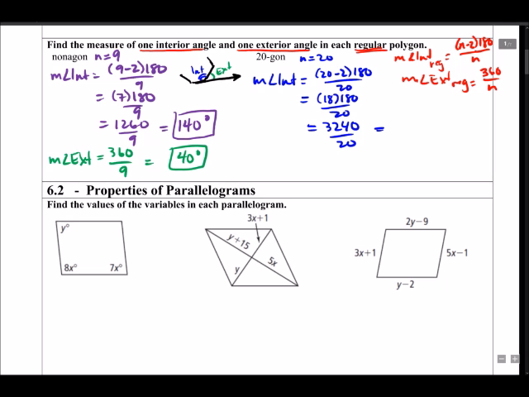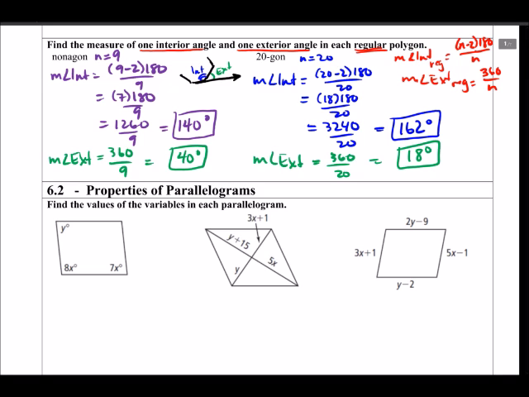So our interior angle is 162 degrees. So what's our exterior angle going to be? That's right. Or we can do 360 divided by 20. Both ways, 18 degrees.